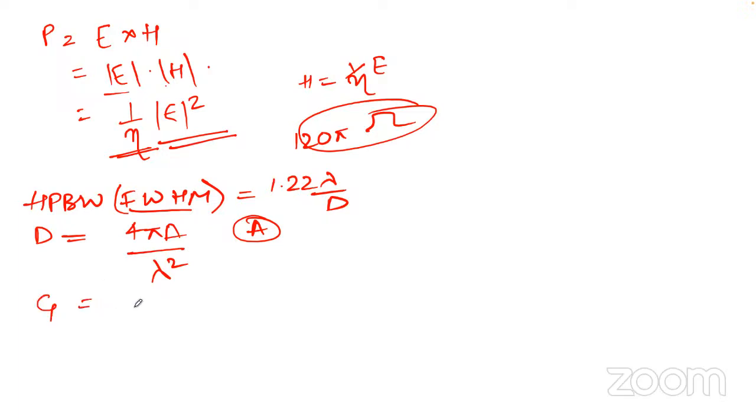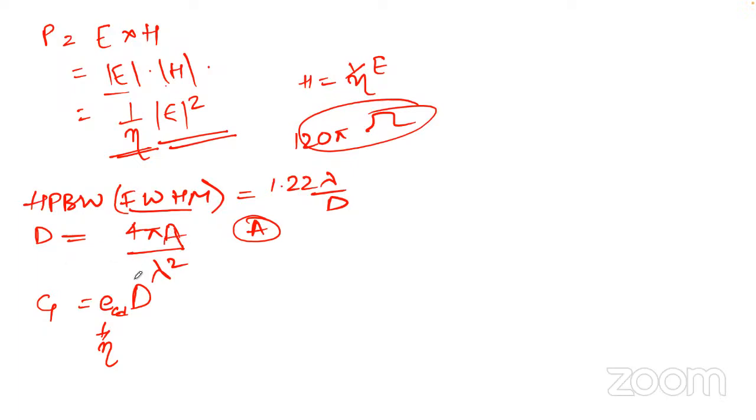And G is nothing but efficiency also, ECD you might say, or sometimes it is denoted as eta multiplied by directivity. Now you can see that area is directly proportional to D.